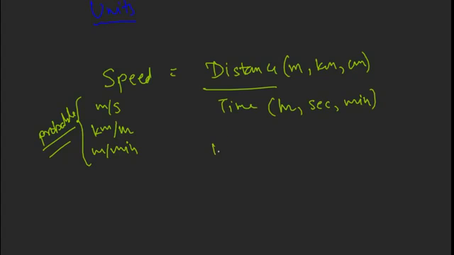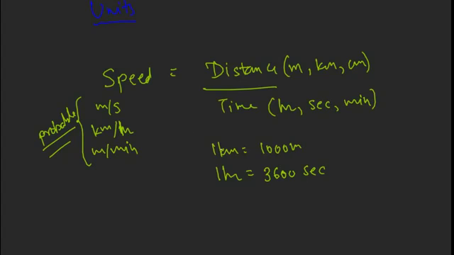At times we need to convert from meter to kilometer and from seconds to minutes. We all know that 1 kilometer is equal to 1000 meters, and 1 hour is equal to 3600 seconds.